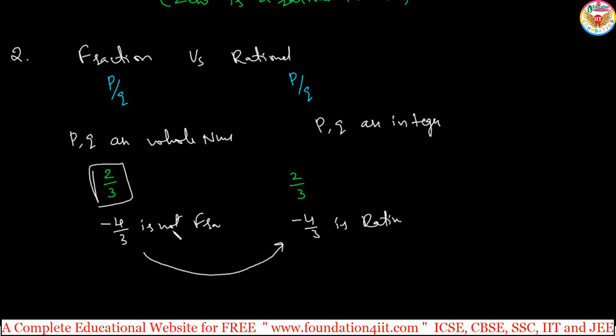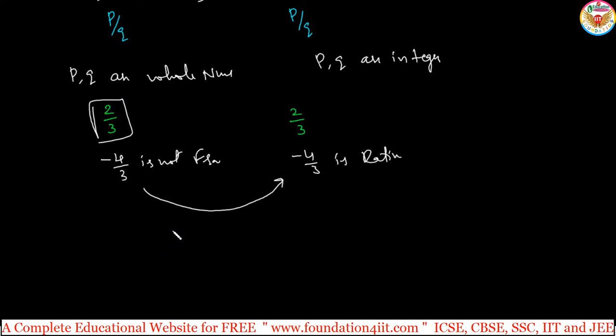Okay, remember that. And now one more property, let us see: positive and negative. A rational number is said to be positive if the numerator and denominator both are positive or both are negative. So minus 4 by minus 3 or 4 by 3. If both are negative or both are positive, it is a positive rational number.